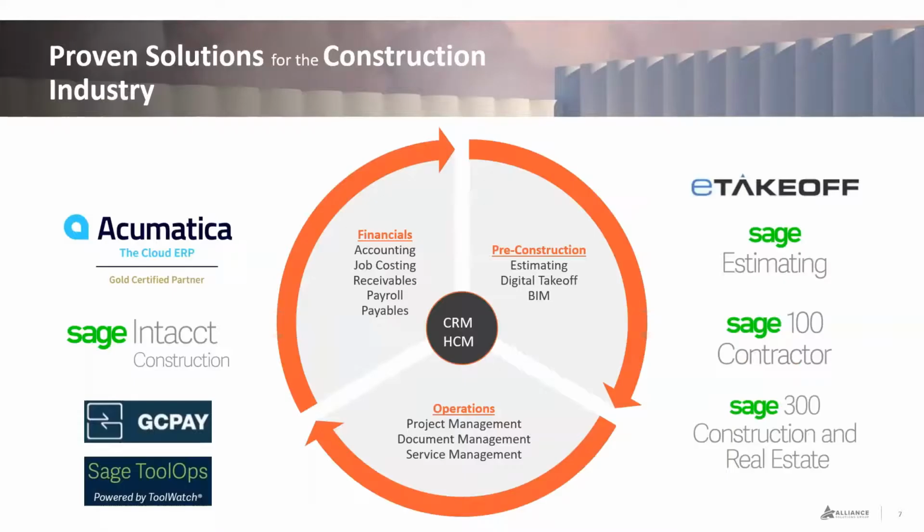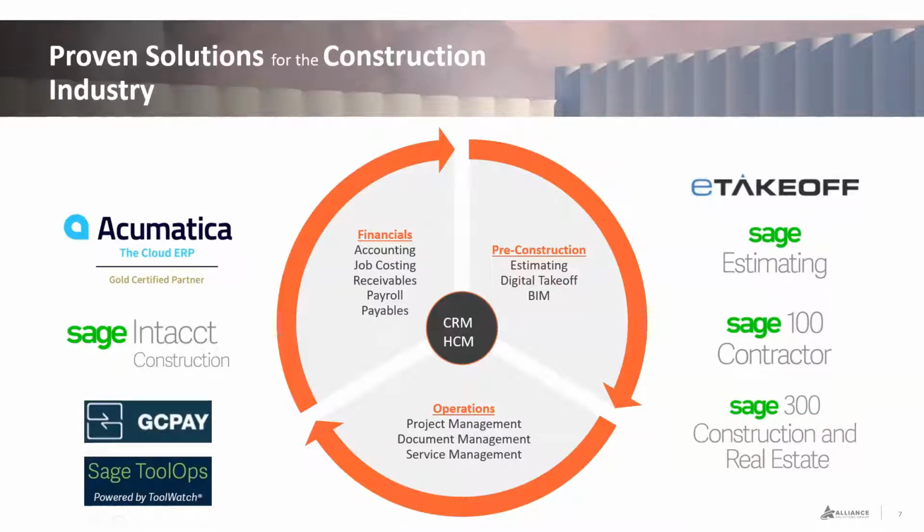These are our proven solutions on the construction side. Today we're going to look at Acumatica and their construction version, but we do have estimating solutions and different tools available. So if there's things that you need or want, you can always come to us. If we don't have them, we might know where those are.